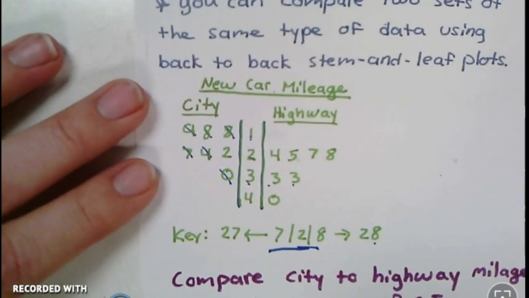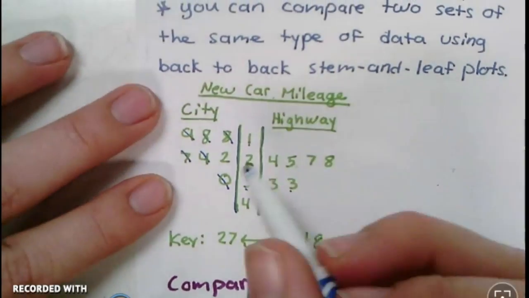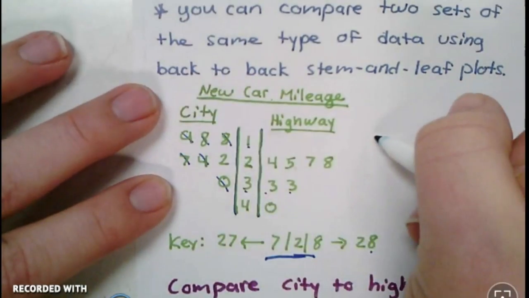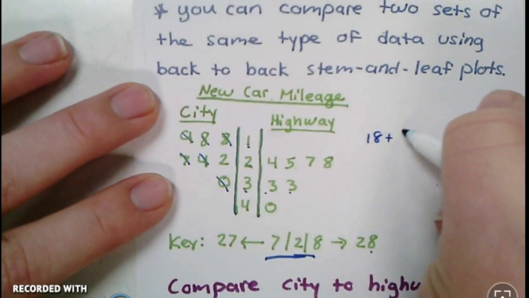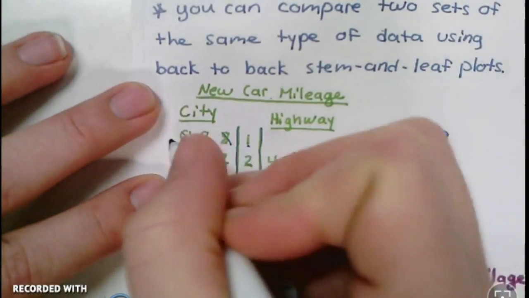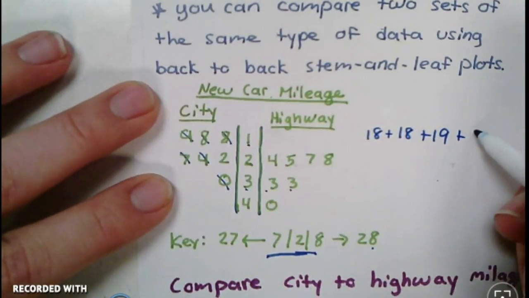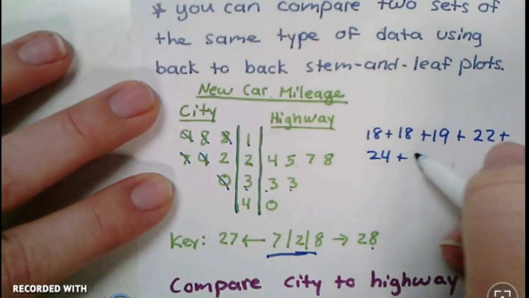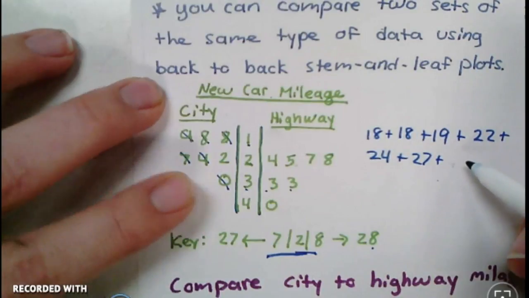And now we got to find the mean. So for the mean, I'm going to do what I've always done, right? I'm going to add 18 plus 18 plus 19 plus 22 plus 24 plus 27 plus 30.